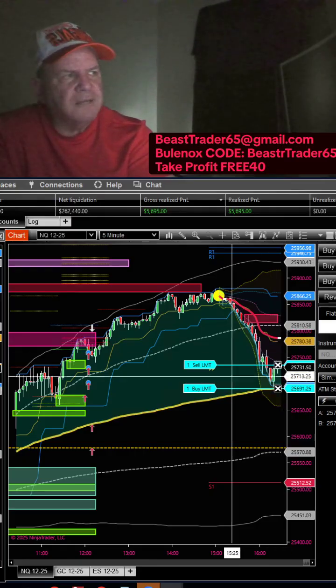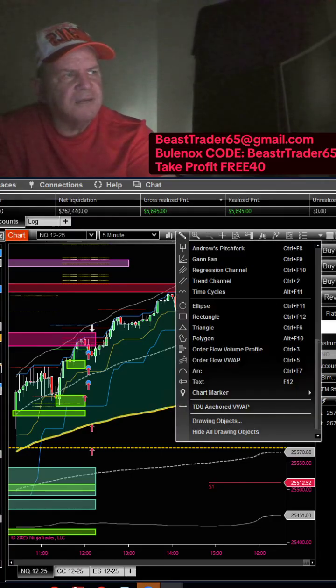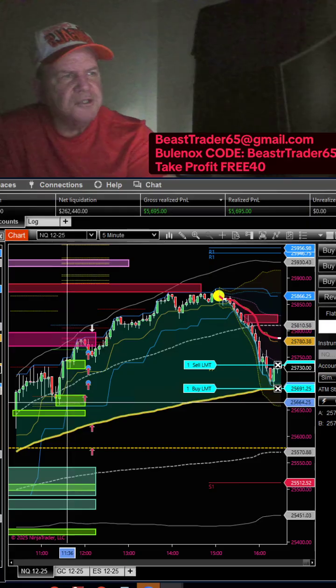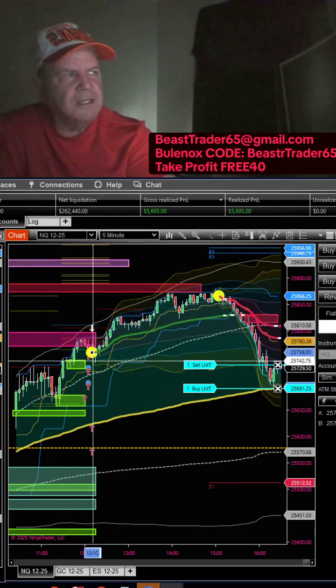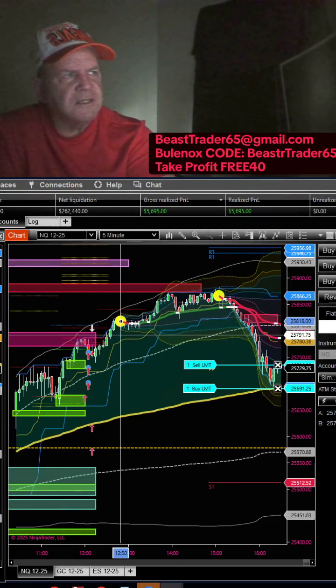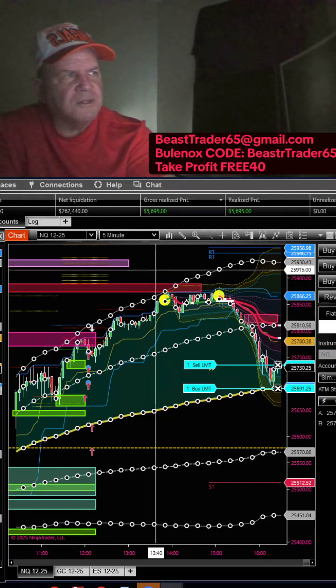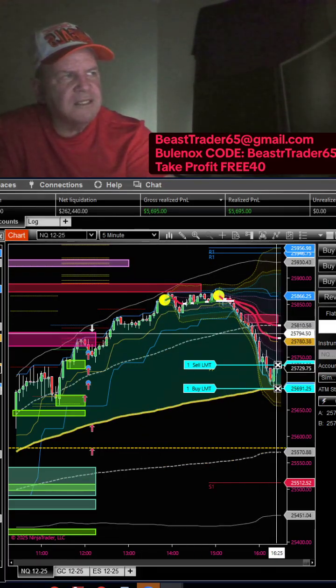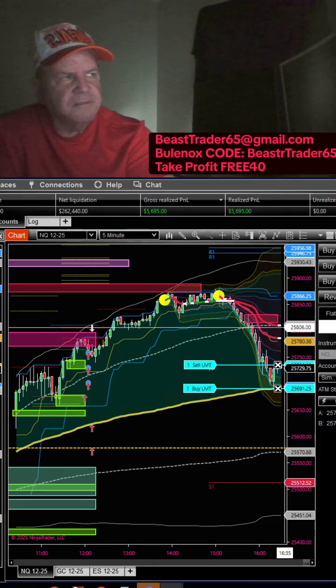If I come down over here and put another VWAP in, that's the beauty of anchored VWAPs: you can move them around. I can move it anywhere I want, and it moves with me. Look at this. See that? Now I've got what we call a squeeze. That's a nice squeeze. I want that price to come up in there, and the institutional order flow to come up here and tap that.